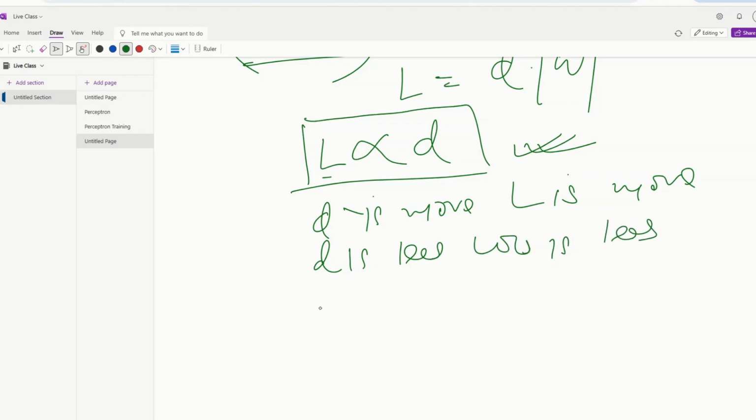If d is almost equal to 0, not exactly 0, because 0 means it is just sitting on the plane, just hitting the boundary. Let's suppose it's very near to the boundary. Then the loss is almost minimum if the points are near the boundary. So what do you learn from here?